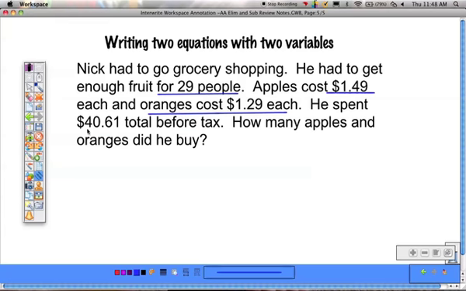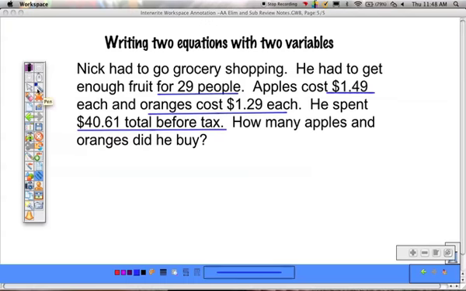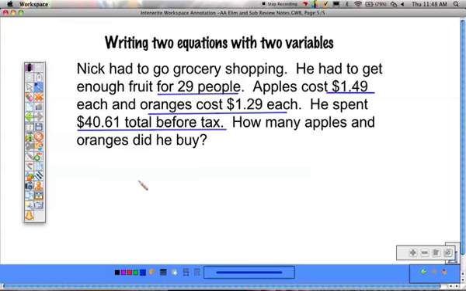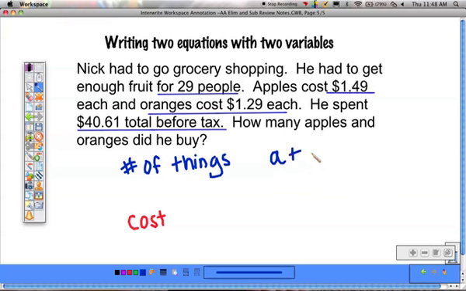When you see a problem like this, your 2 equations should be divided up in this manner. 1, we're looking at number of things. 2, we're looking at cost. Okay, so just looking at number of things, we have apples plus oranges. I'll use R for oranges. And total there's 29. So this is just number of things. Apples plus oranges equals 29. The cost, we're going to put all the costs in the same equation.